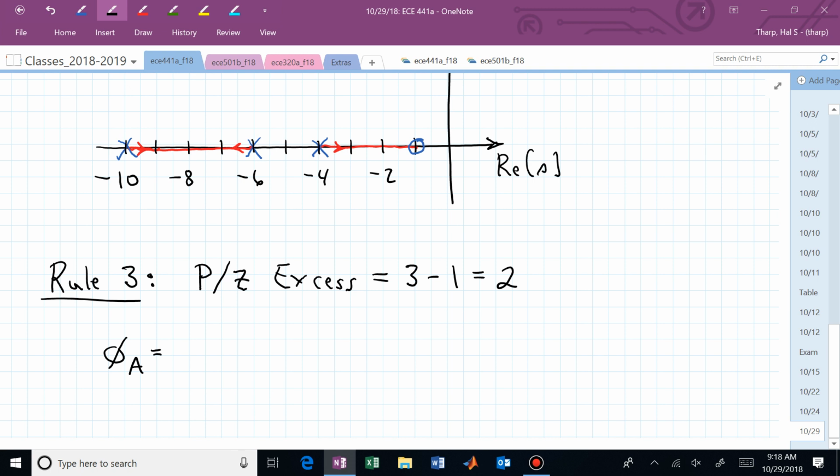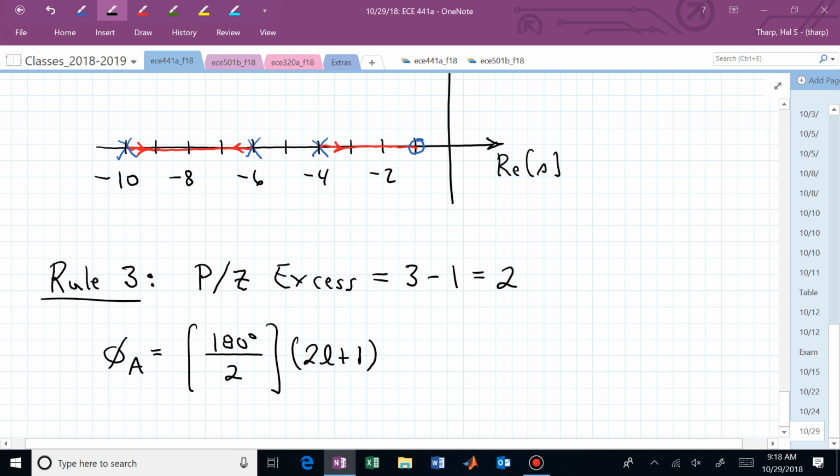Phi sub A is now 180 degrees divided by the pole zero excess of 2, and then we have odd multiples. That's really just 90 degrees. And how many L's do we have? L equals 0. That's our fundamental angle.